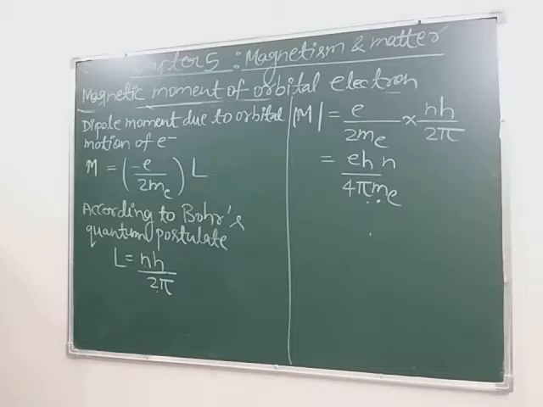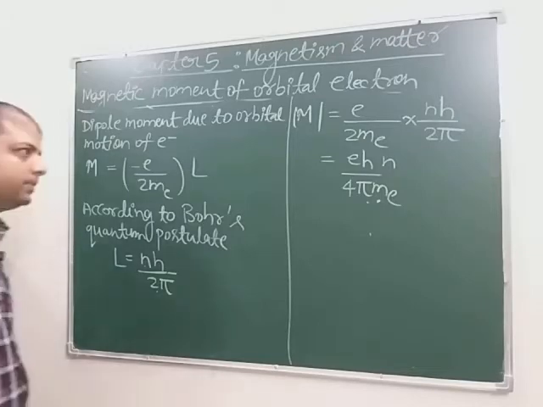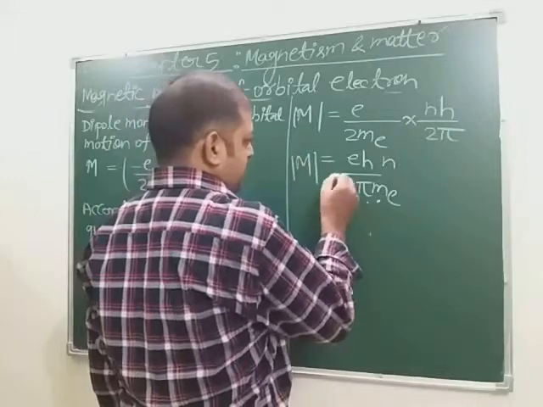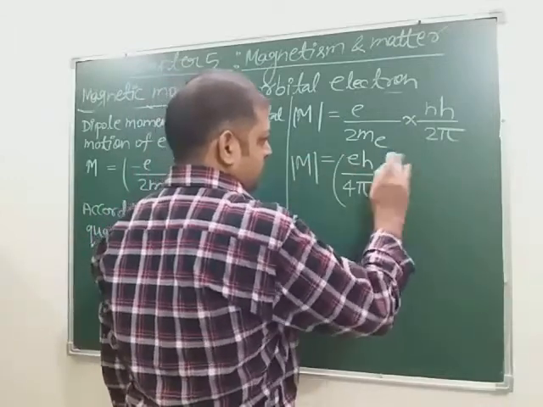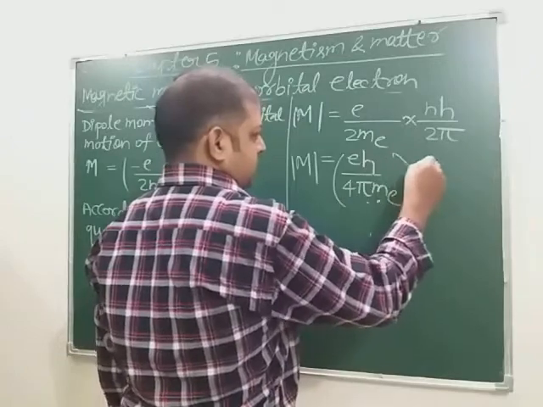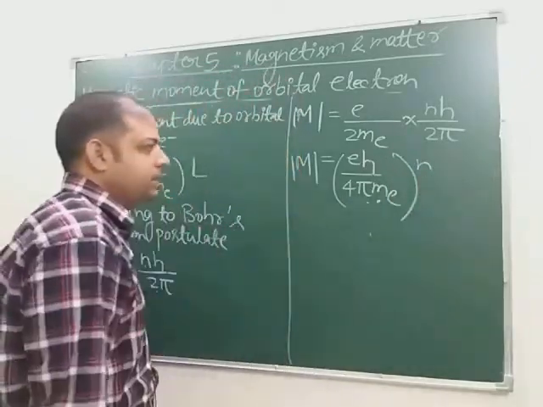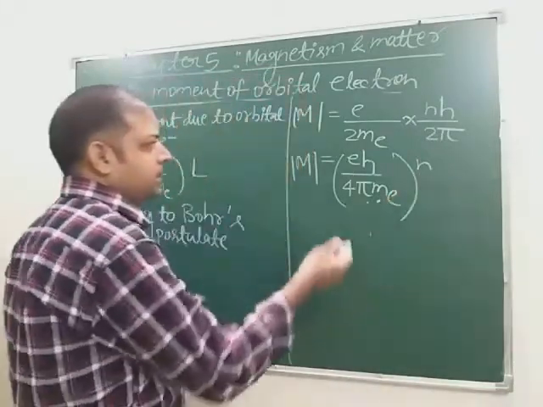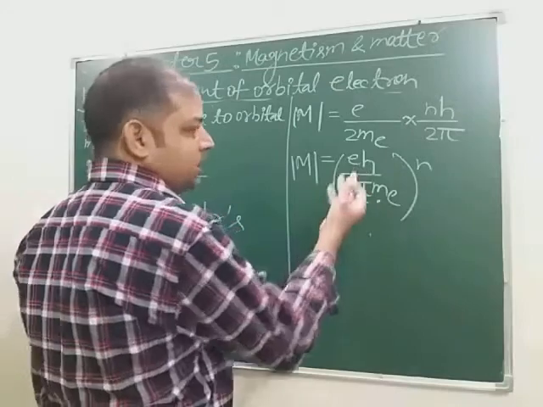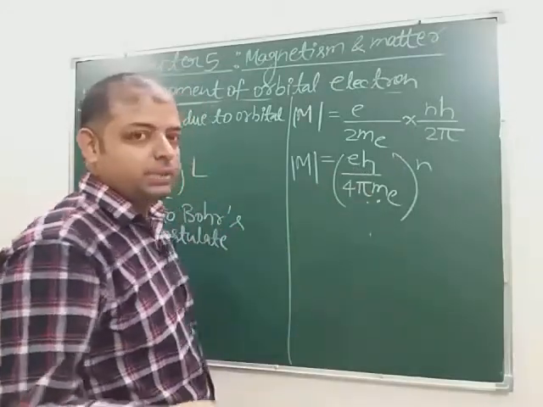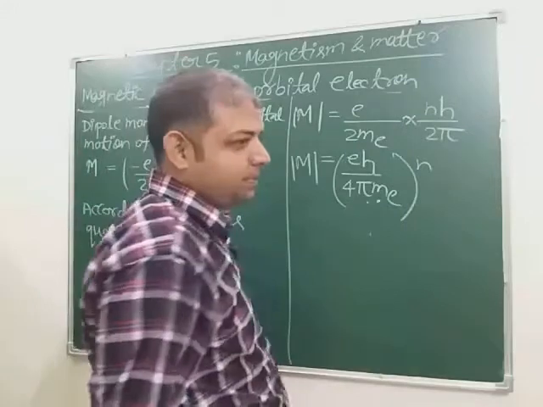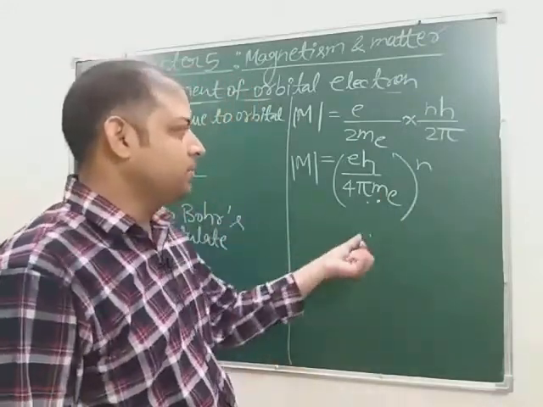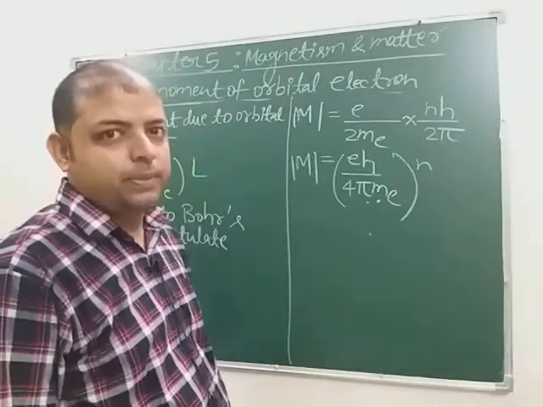This value is constant, and it only depends on this integral multiple. e, the charge on electron, is a constant value, 1.6 into 10 raised to power minus 19. h is the Planck's constant, also fixed. 4 pi is constant, mass of electron is 9.1 into 10 raised to power minus 31.